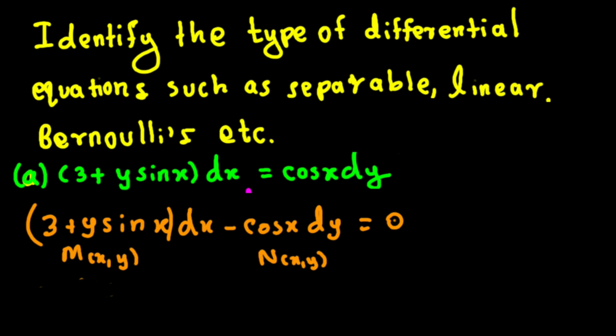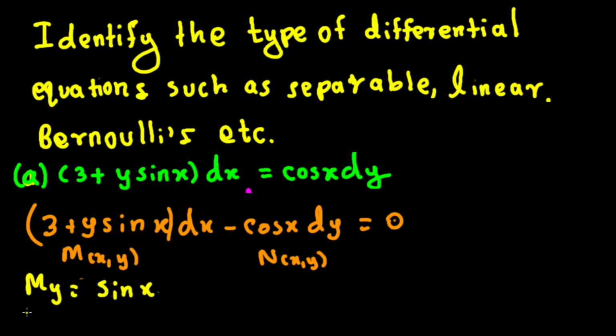The derivative of this one with respect to y should be equivalent to the derivative of that one with respect to x. Let's take the derivative of this one with respect to y. We treat x as a constant, so we only take the derivative of y. The derivative of y is just 1, and 3 will become 0. So y sin x will turn into just sin x.